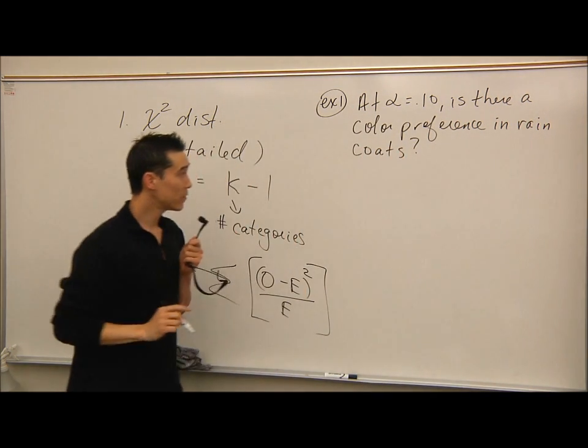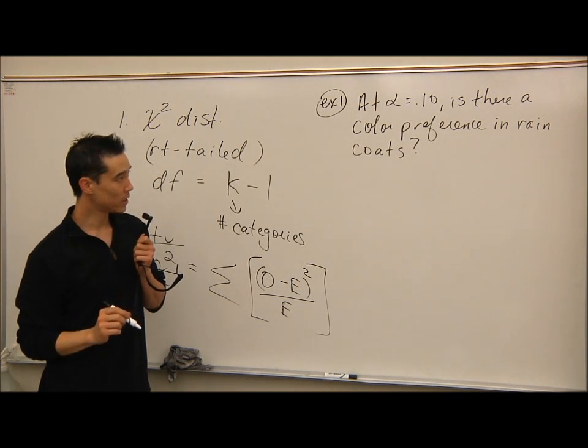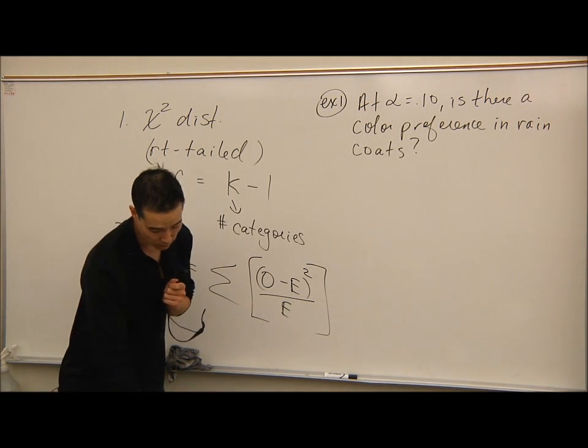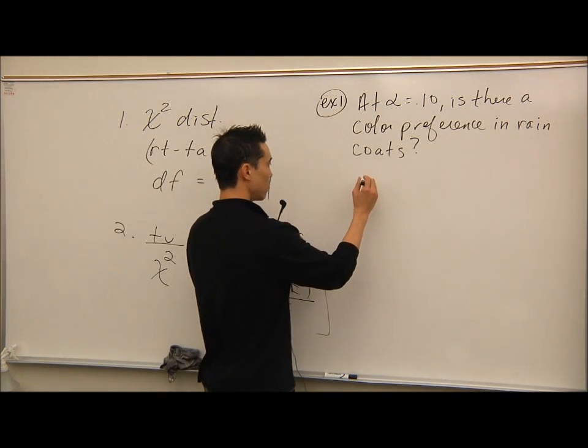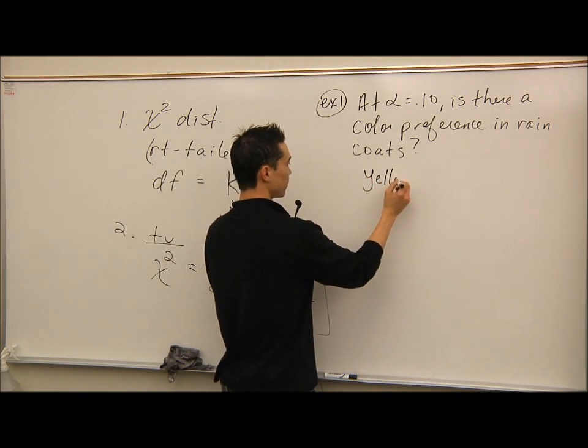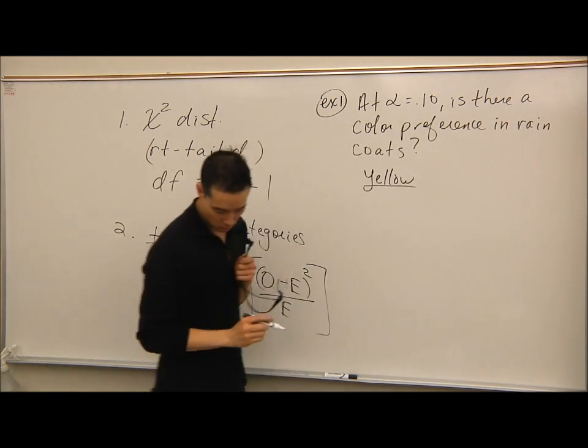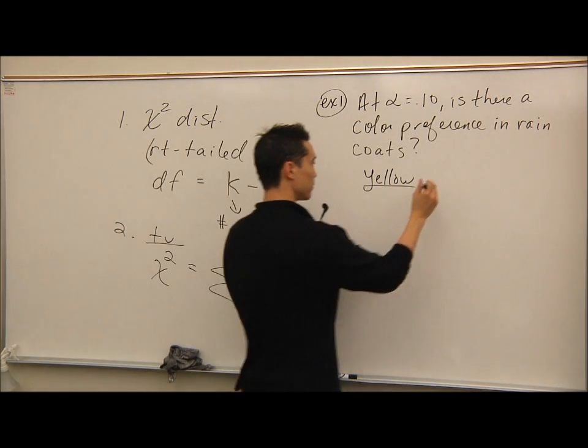Okay, so we have this manufacturer. He's trying to determine if there is a color preference. And then he observed 50 people and saw what color they bought. So we have yellow, red, green, and blue.